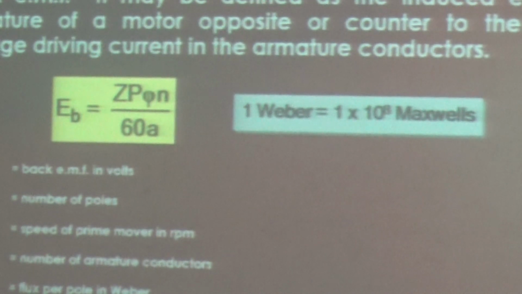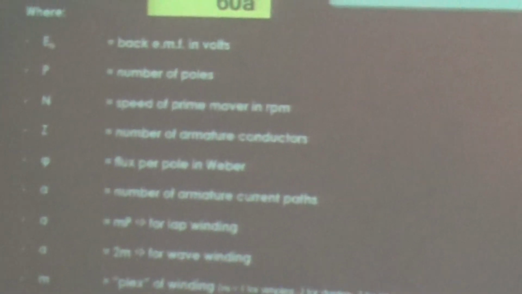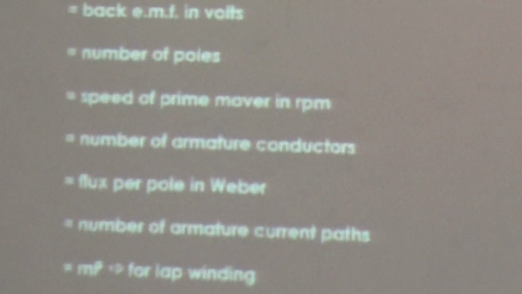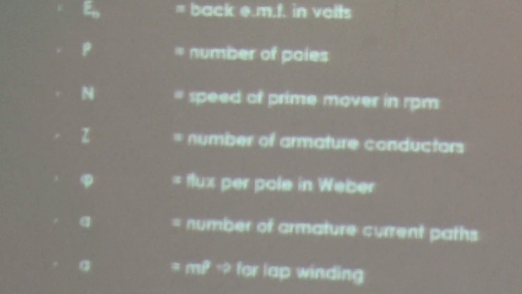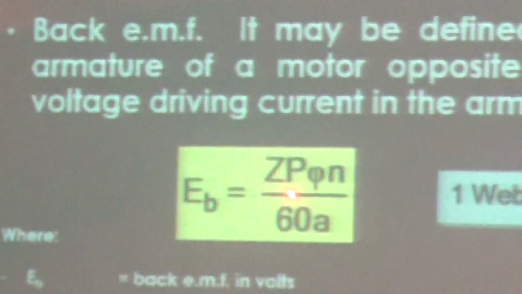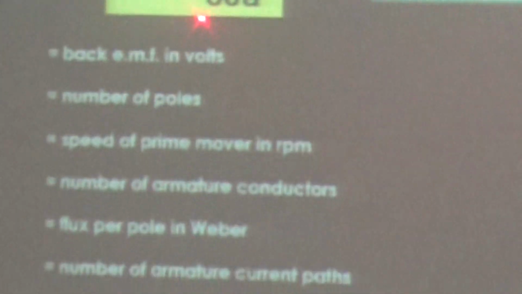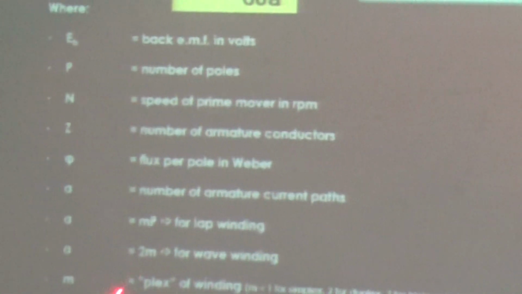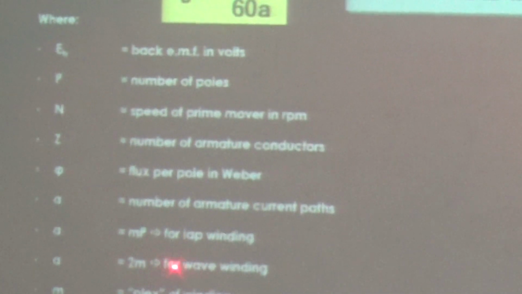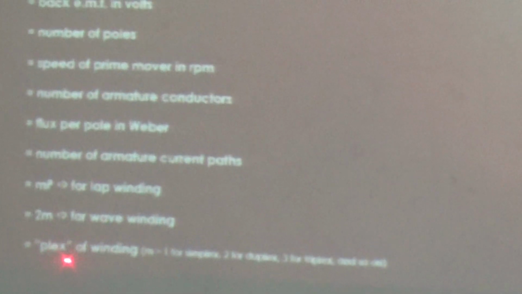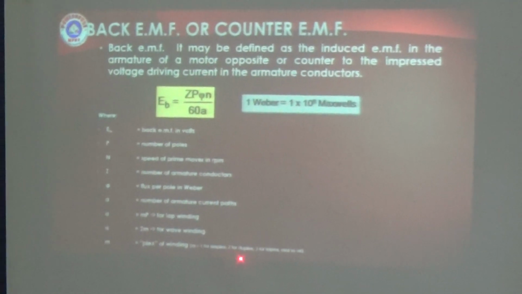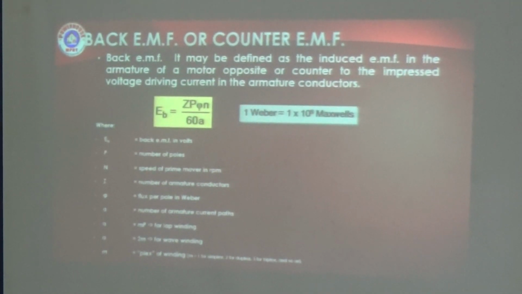So, EB is the back EMF, P is the number of poles, N is the speed in RPM, Z is the number of armature conductors, then yung flux per pole in Weber, yung A is the number of armature current paths, or A is equals to mP when lap winding, 2m when wave winding. So m means the multiplier or the plex of winding, wherein m is equals to 1 for simplex, 2 for duplex, 3 for triplex, and so on.